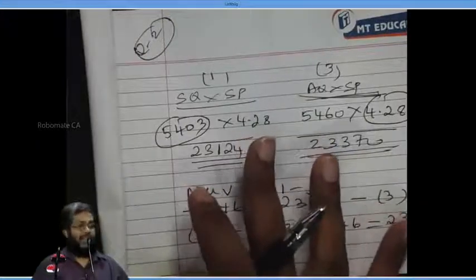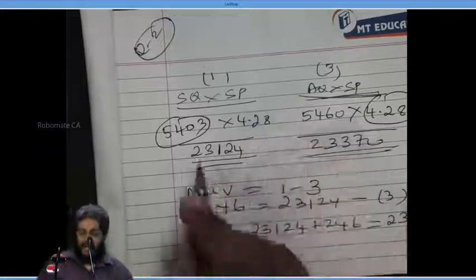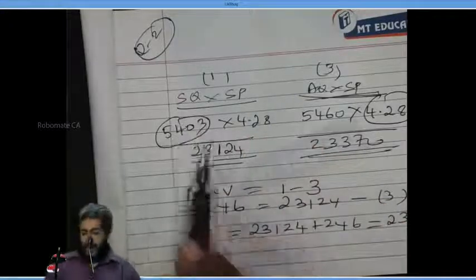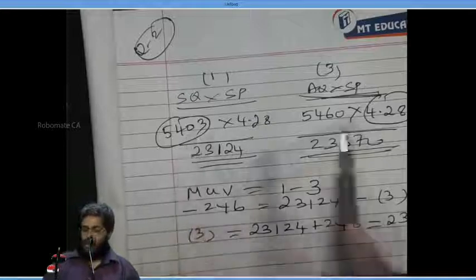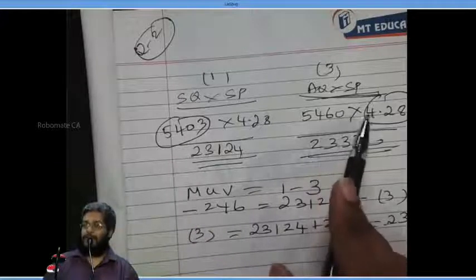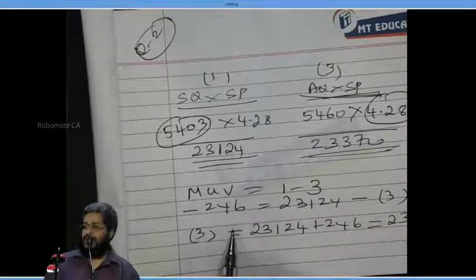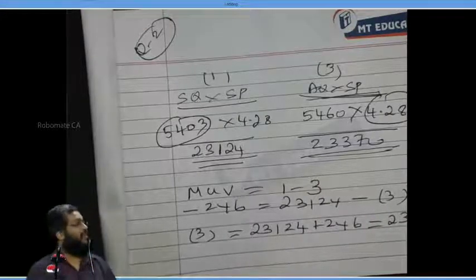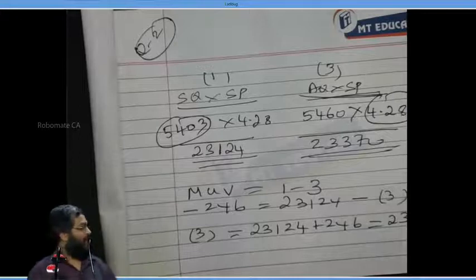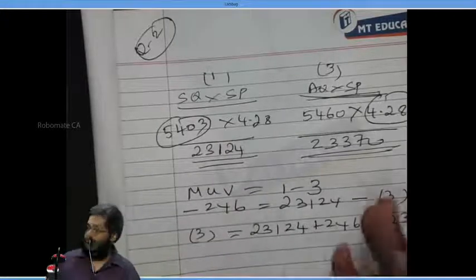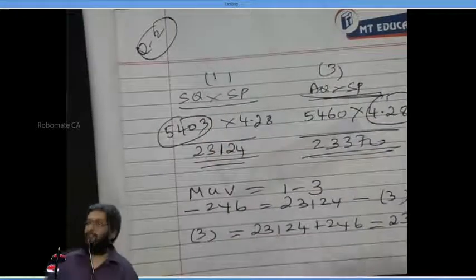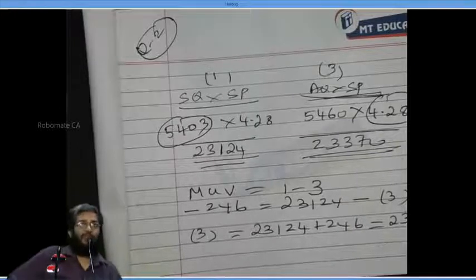The standard weight allowed is 5,403. I am allowed 5,403, but I consumed 5,460. Due to the extra usage, I have a 246 adverse usage variance. That's a missing figure calculation. Now please copy this quickly. Question number 2.